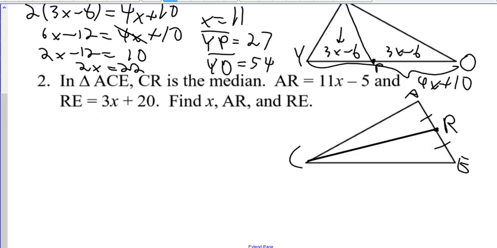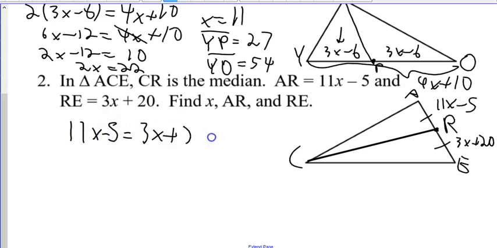RE is 3x plus 20. That's the part. And it says AR is 11x minus 5. I missed that part. Sorry. Well, those are both parts, and they're both equal parts. So 11x minus 5 equals 3x plus 20. Again, keeping my x's positive, I'm going to subtract 3x.